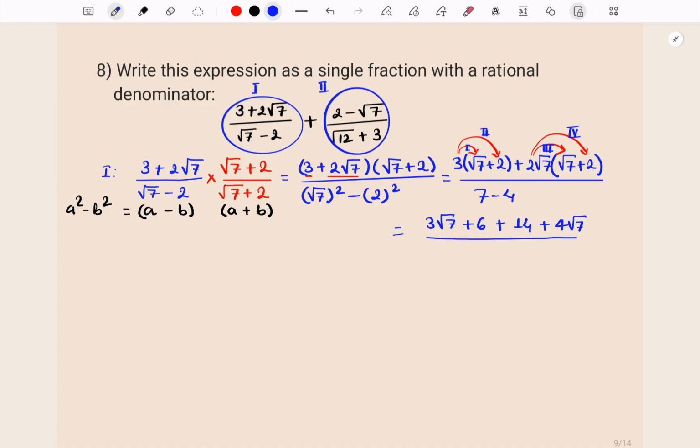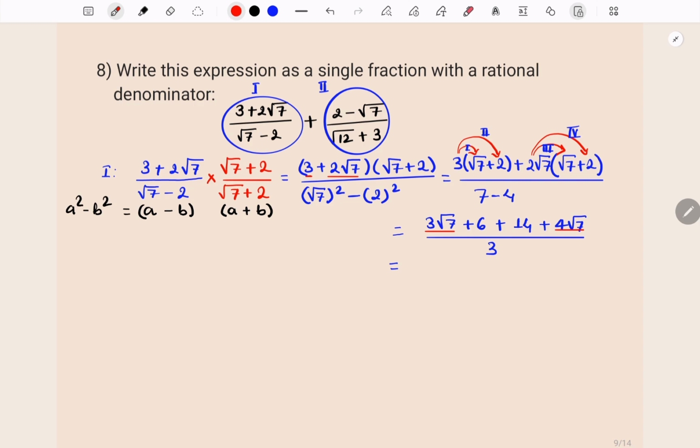Now let's talk about the denominator. Quite simple, right? 7 minus 4 is 3. Now let's search for the like terms in the numerator. Can we find some? Yes, we have 3 root 7 here, and we have 4 root 7.